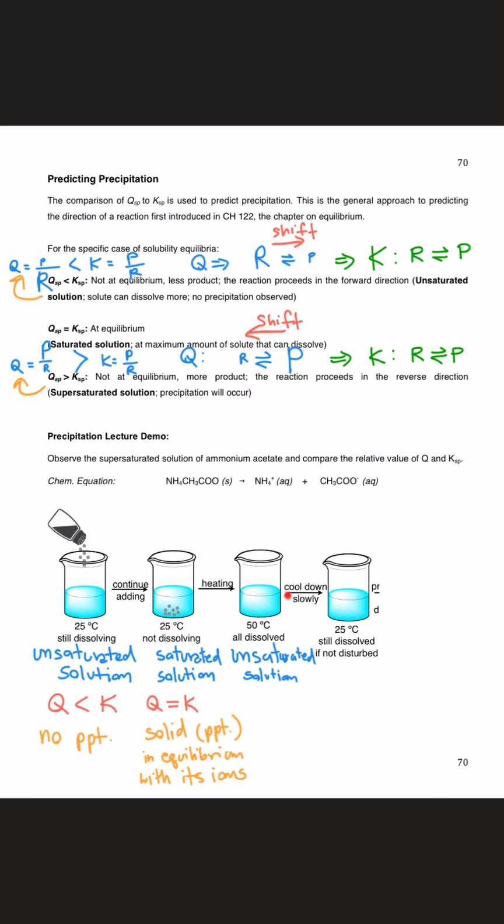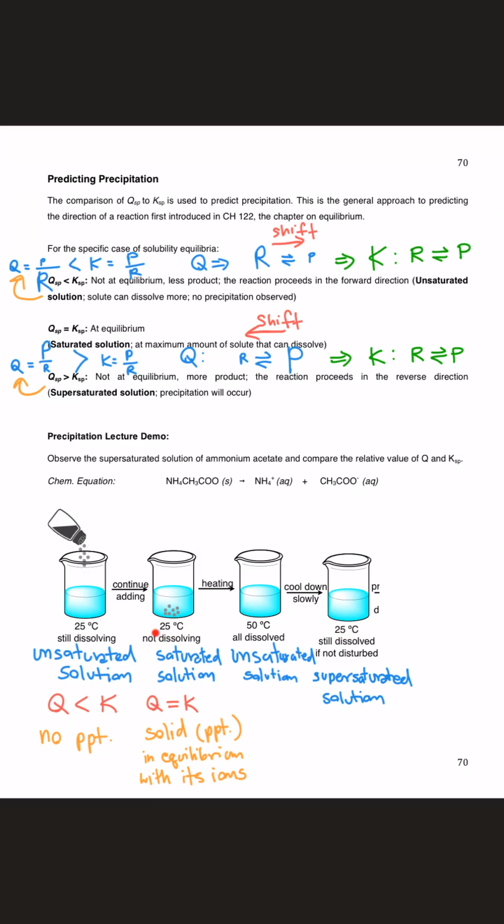Next, cool this solution down slowly until it reaches the original temperature and do not disturb it. Without disturbing, you will see that the solution is able to keep all the solid dissolved. At this point, we call it a supersaturated solution, because it's beyond the maximum amount of solute that can dissolve in the solvent. How do I know? Well, if you compare these two flasks right here, they have the same temperature.